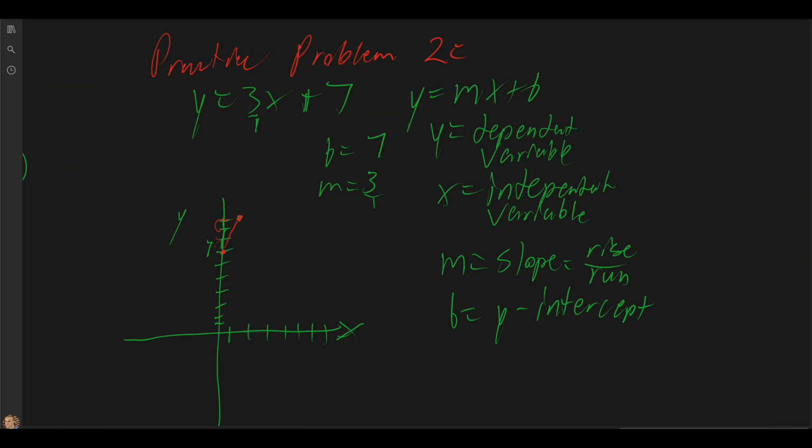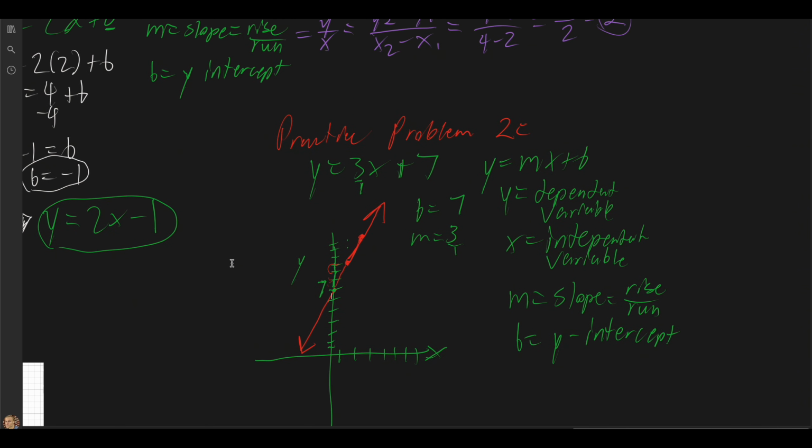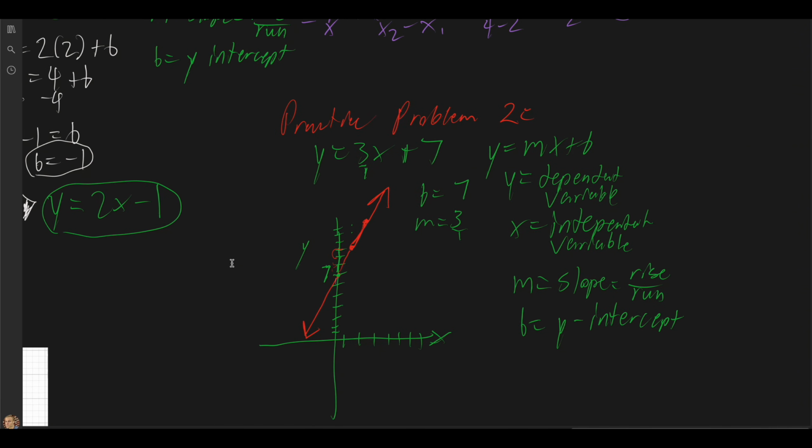We can go up from this point another 3 dots, then over 1 as well. So we go 1, 2, 3, and over 1. This is where the next dot is. And this is how we plot our linear function. Feel free to take a screenshot of this as well. And now let's head over to quadratic functions.